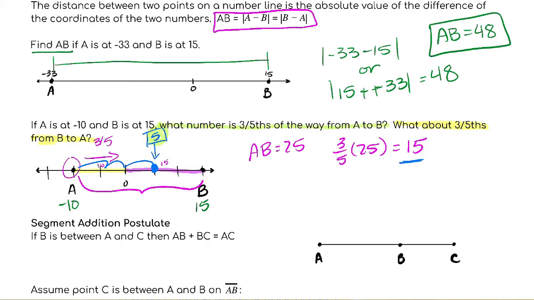Well, if we're having to go from B to A, 3/5, we're going the other way. 1, 2, 3. That's going to put me at 0. So the second question, the answer is 0 for 3/5 from B to A. So always make sure you're answering all the questions that they're asking. Always reread the question before you decide if you're done. I can't tell you the number of times that I didn't finish the whole problem. So always check for that.